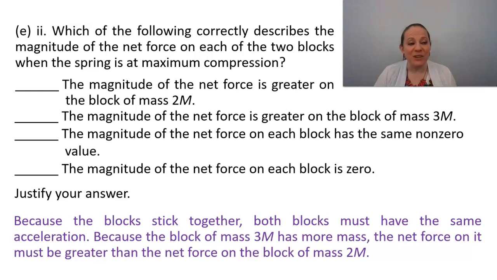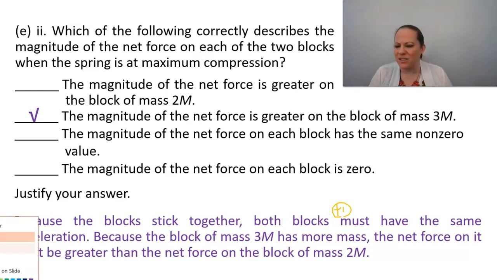Because the blocks stick together, both blocks must have the same acceleration. Because the block of mass 3m has more mass, the net force on it must be greater than the net force on the block of mass 2m. And our points are going to be coming from the indication that the blocks must have the same acceleration.